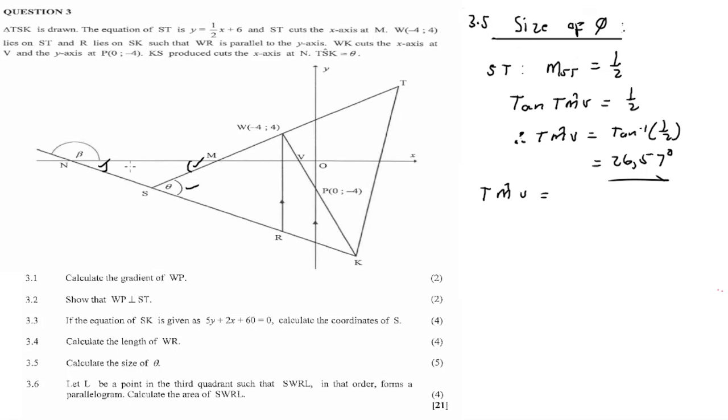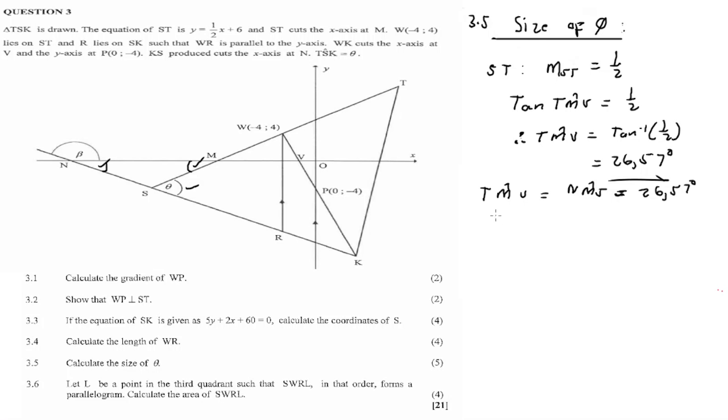So angle TMV, and we know that it is equal to angle NMS, this angle NMS, which is the same as 26.57 degrees. Okay, so that angle is done; let's go ahead and calculate angle SNM, which is the angle of inclination for this line SK.